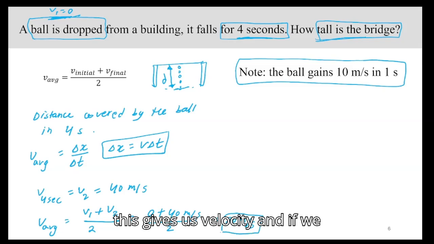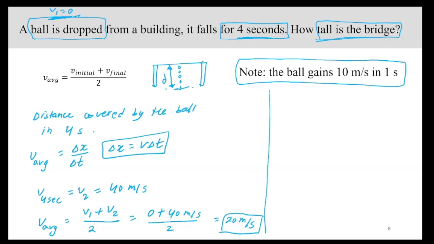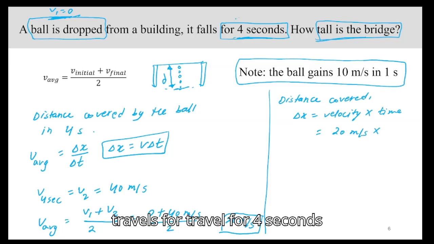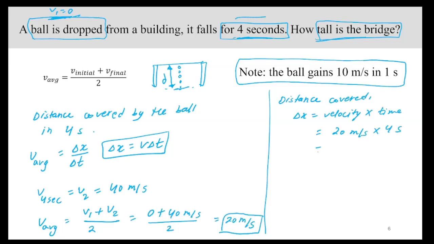So this gives us velocity, and if we need to calculate the distance covered, delta x equals velocity times time it traveled. So 20 meter per second times 4 seconds, so total 80 meter.